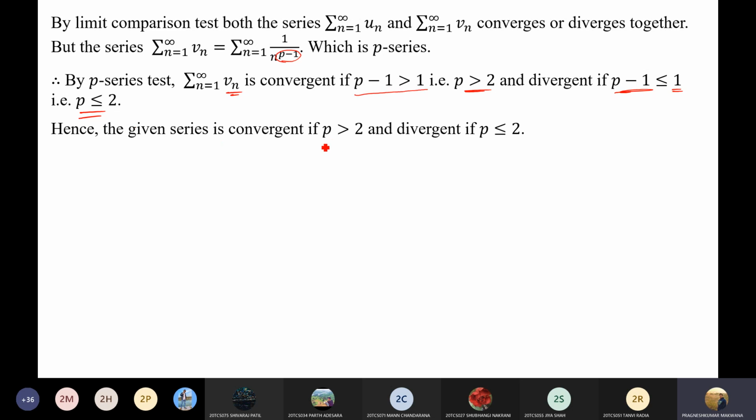So therefore the given series is convergent if P greater than 2 and divergent if P less than or equal to 2. Because here P is not fixed, we can use both ways, convergent and divergent, depending on the value of P. So is it clear, everyone? Any question in this example?